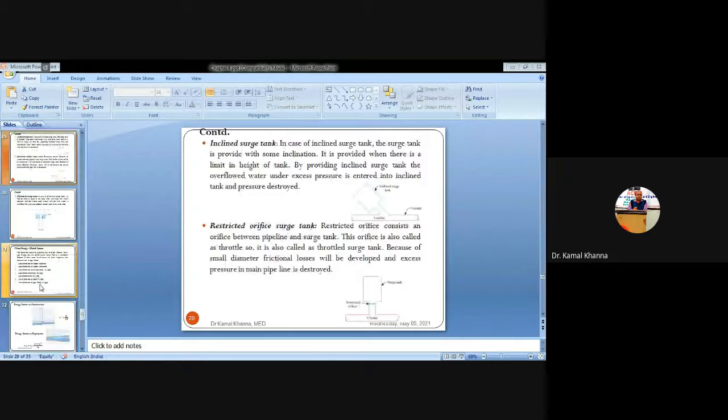Next is the inclined surge tank. In the initial cases, we installed the surge tank in the vertical position, whether in the gallery or expansion surge tank, or in the simple surge tank.